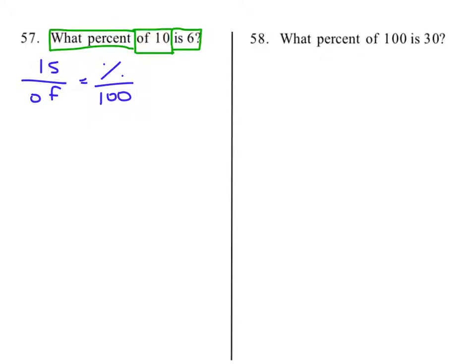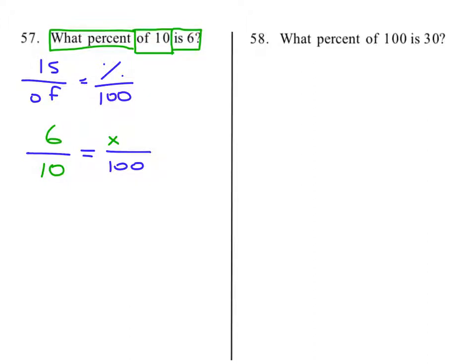So when we fill this in, we then say, okay, that means is will be 6, of will be 10, percent is we don't know, and this continues to be over 100. So those are the three values that we filled in.